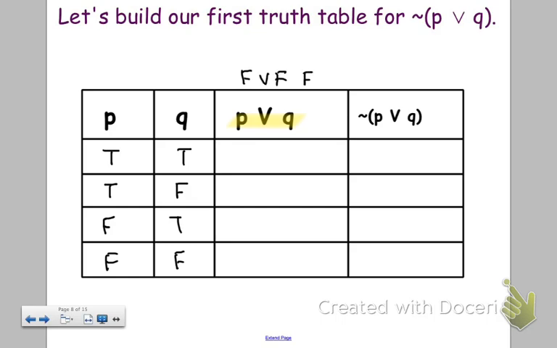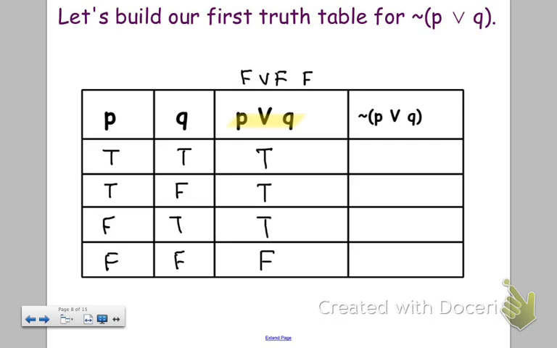Okay. So as I go down my rows, row 1, do I have false and false? No. Row 2, do I have false and false? No. Row 3, do I have false and false? No. Row 4, do I have false and false? Yes. So false or false is false. Okay. Everything else automatically becomes a true.